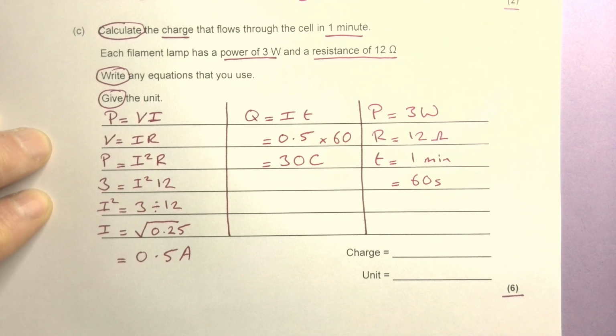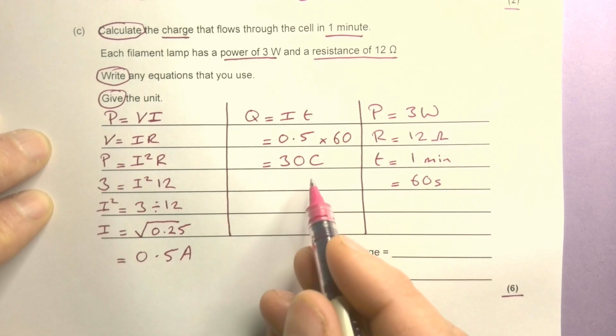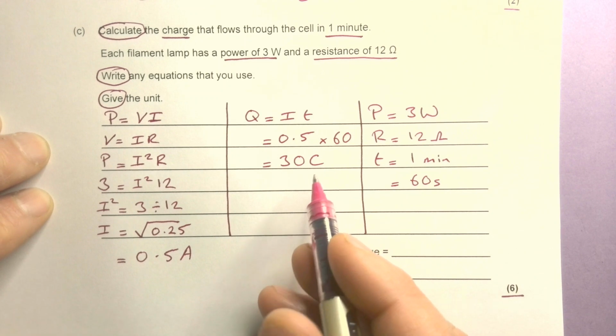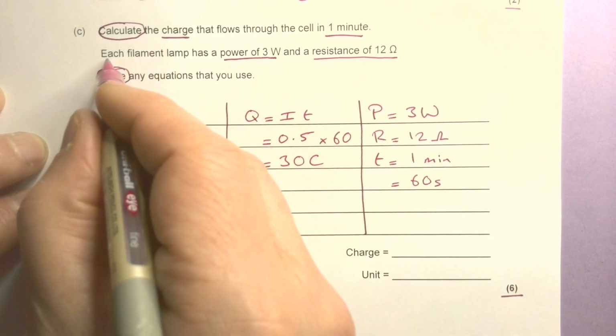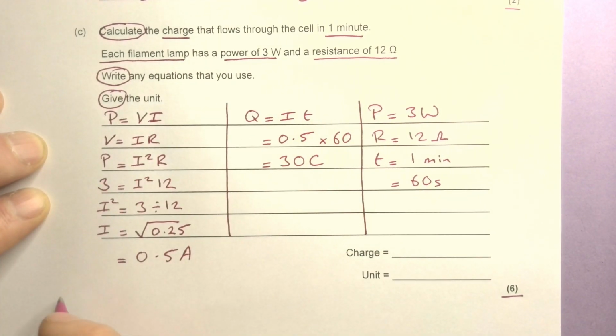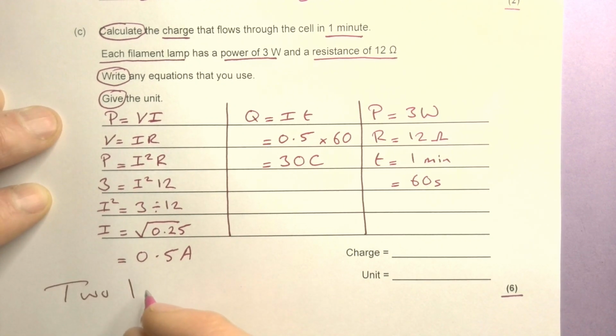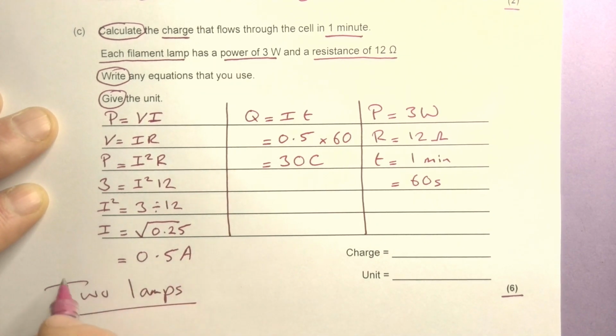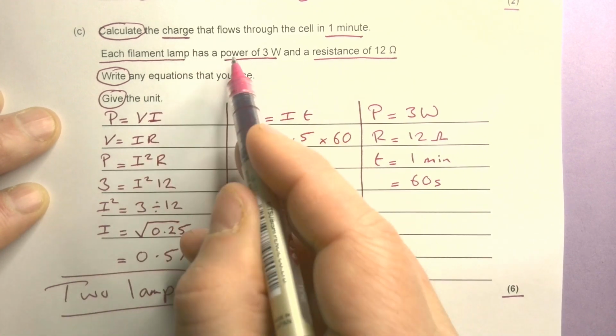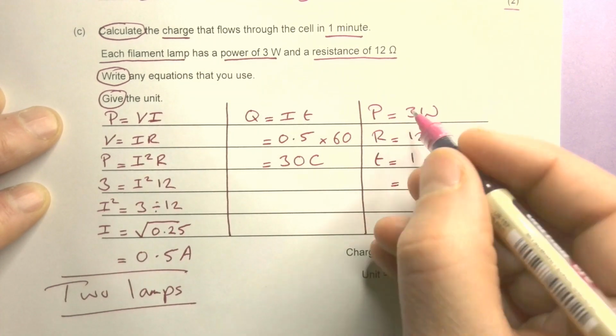Wow, this is a bit sneaky, isn't it? Because I thought I'd finished, but actually it says each filament lamp, so there are 2 lamps. Each filament lamp has a power of 3 watts, so it should have been a power of 6 really.